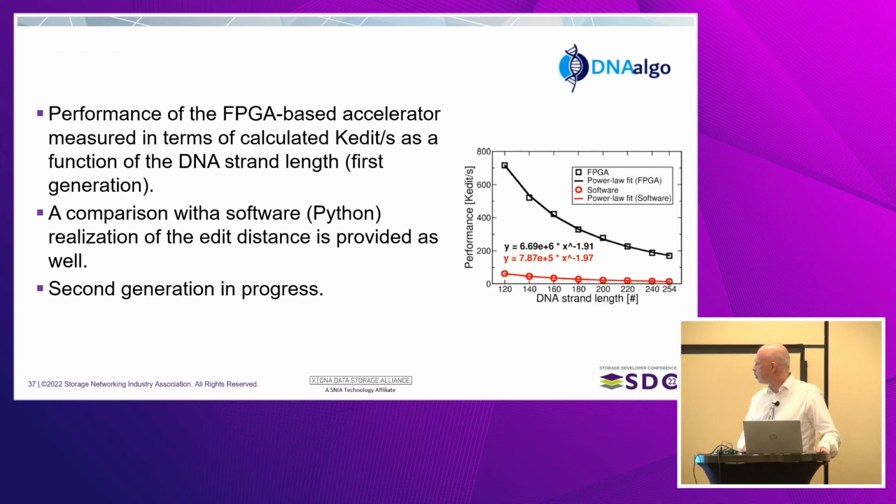But numbers are actually pretty small, and that's why it takes a long time to complete. While if you implement the right software driver and you do parallel computation on the FPGA, you can really boost the performances here. You see for 120 DNA strand length, we got slightly above 700K edits per second.